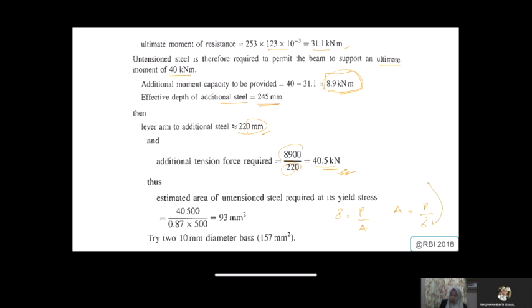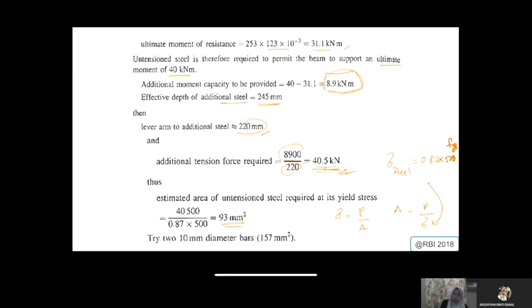In this case, the stress of your steel is equal to 0.87 times 500, where 500 is your fyk. Then you will get your area around 93 mm square, which is the area you should provide based on your 40.5 kilonewton.